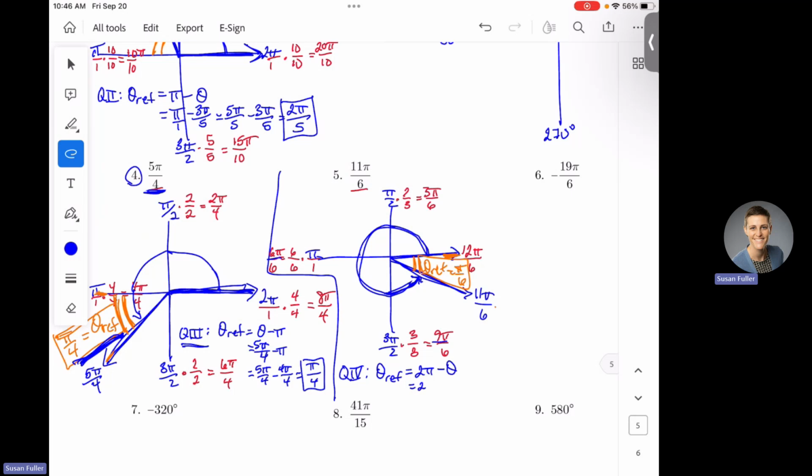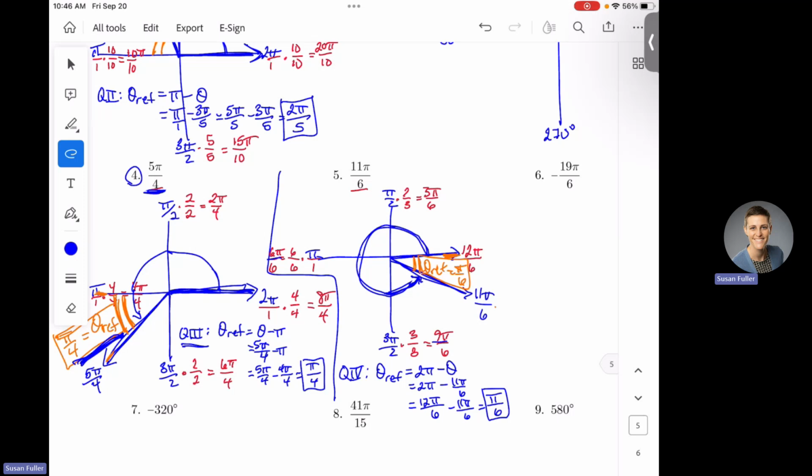And here it's going to be 2 pi minus my theta of 11 pi over 6. You'll get a common denominator, and that's going to be 12 pi over 6 minus 11 pi over 6, and you will get 1 pi over 6 as your reference angle.